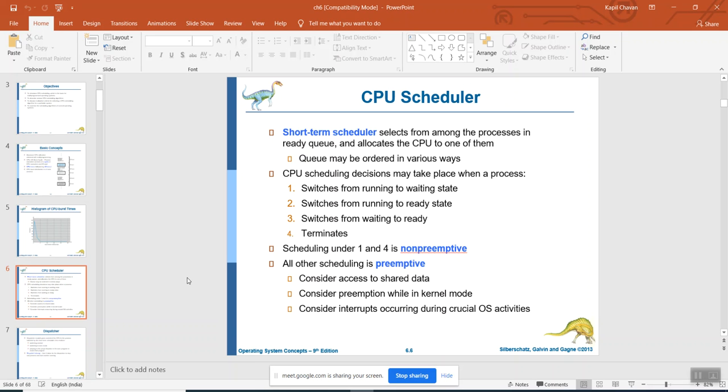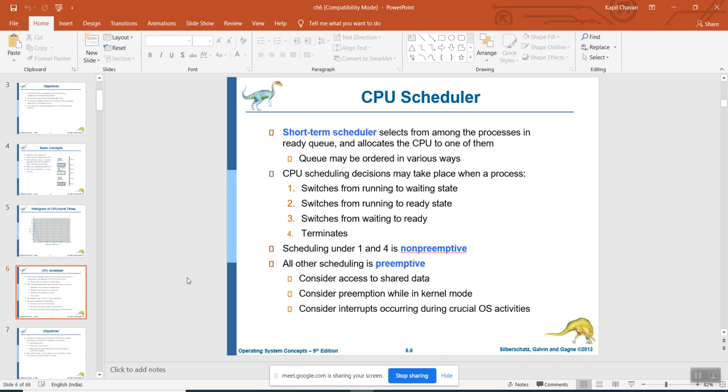That is the task of the short term scheduler. The long term scheduler moves your process to the ready queue. That is the task of the long term scheduler. We have seen these two types of schedulers in Chapter 3 also.